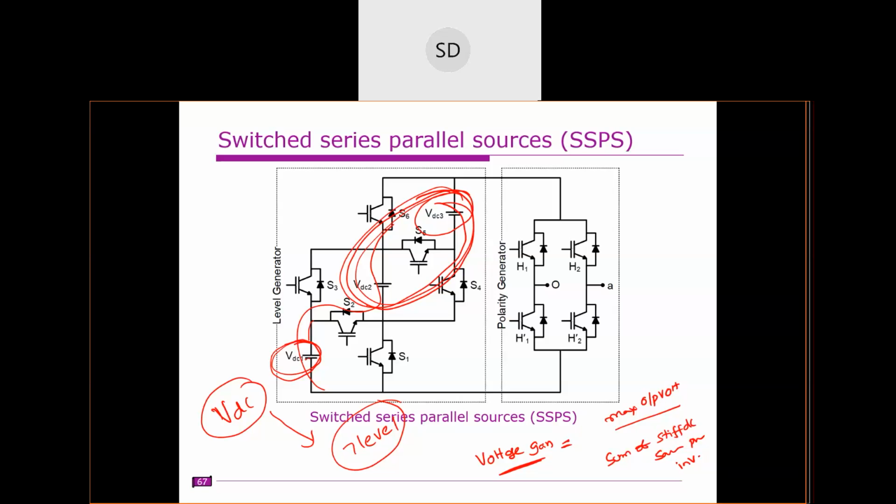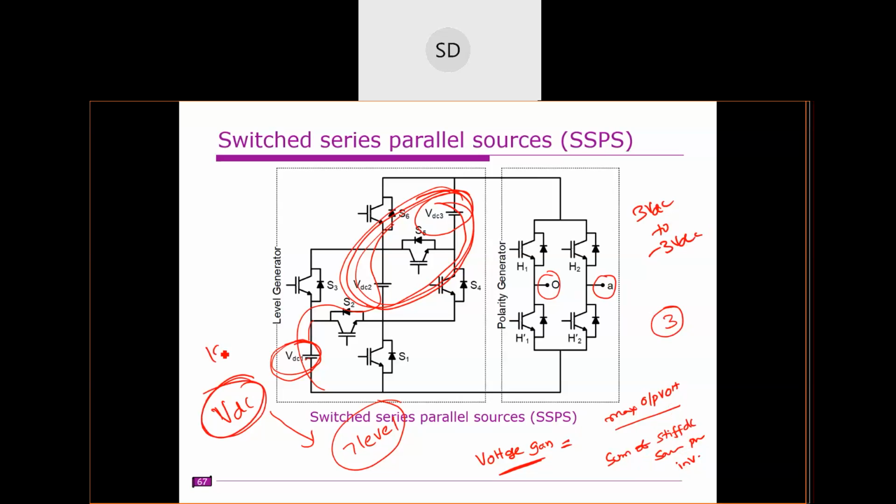3. 3, right? The maximum voltage you can obtain between A and 0 varies from plus 3 VDC to minus 3 VDC, but you have only one source of VDC. So maximum output by the sum of the stiff DC source, right? We have only one stiff DC source. So that's why it is 3 VDC by VDC. That means the voltage gain is 3.